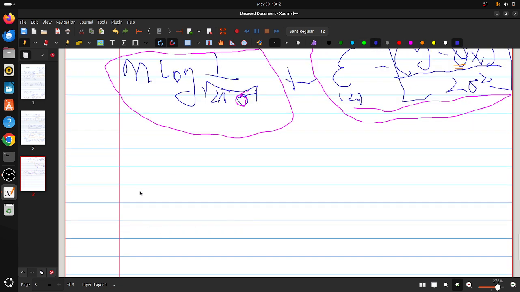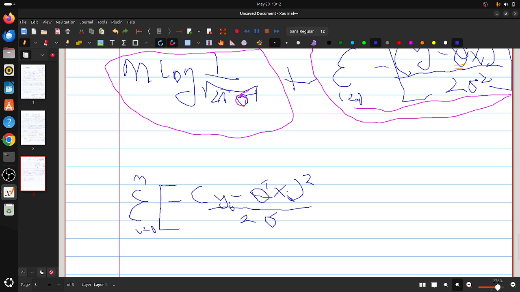Therefore, we focus on the summation from i equals 1 up to m of negative (y_i minus theta transpose x_i) squared over 2 sigma squared.